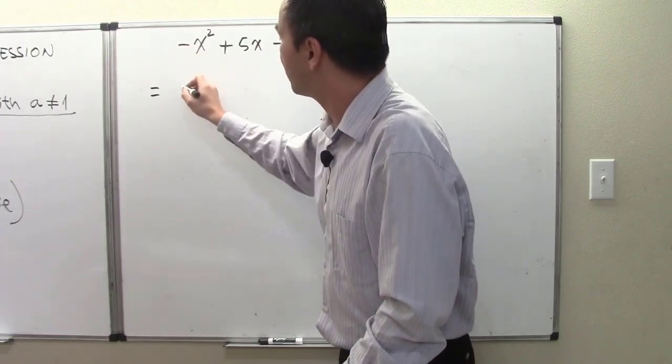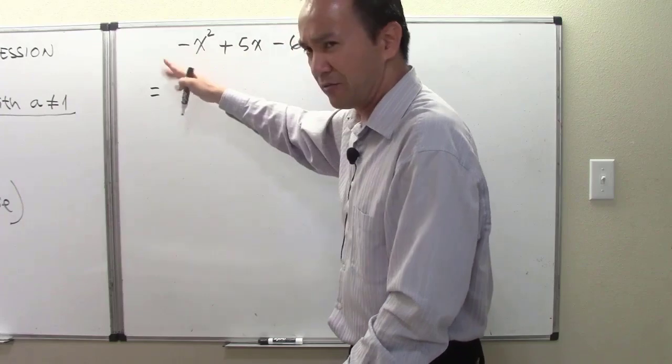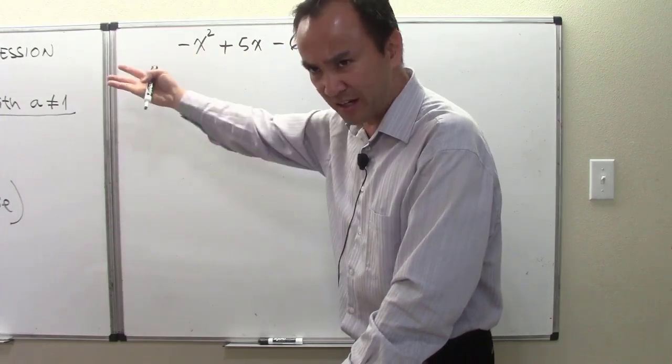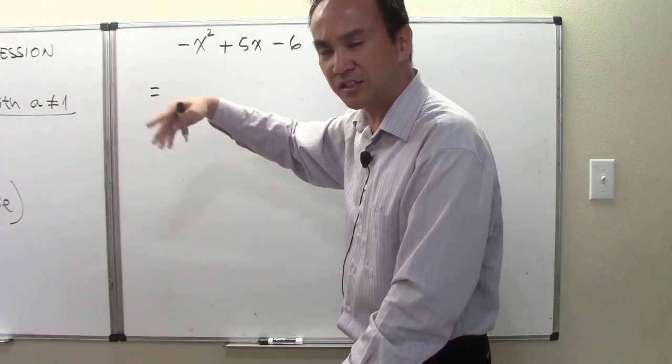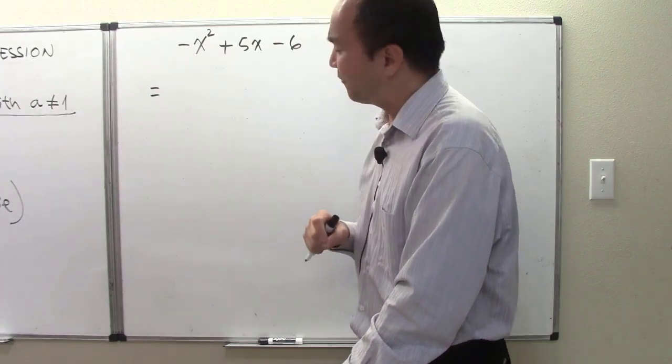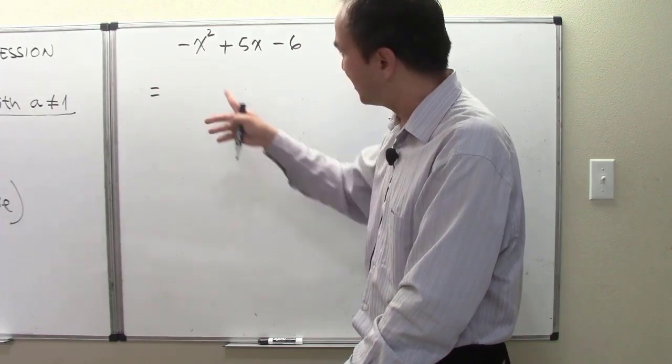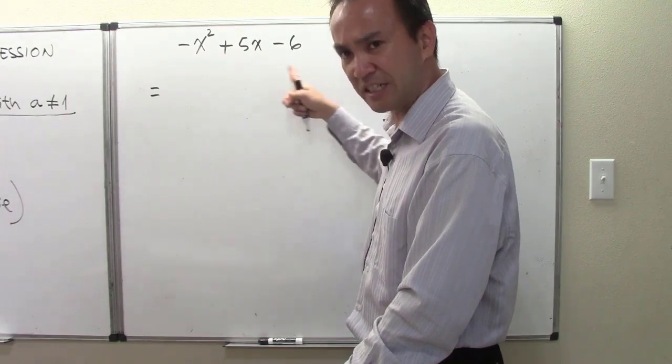Now you've learned, and you can always look back at your video lessons about how you can find greatest common factor, but factoring out a negative 1 is entirely possible here.